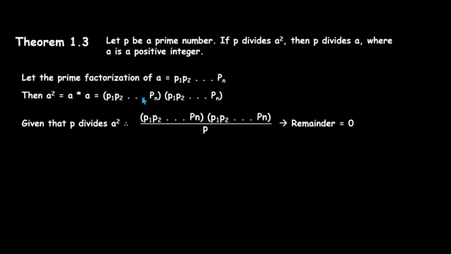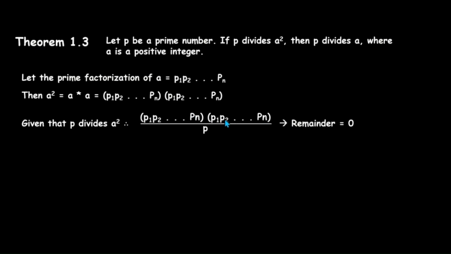So substituting this value for a square divided by p, then given that p divides a square, this division must result in remainder being 0. For this to happen, p has to cut any one of them, either p1 or p2 or p3 or pn.